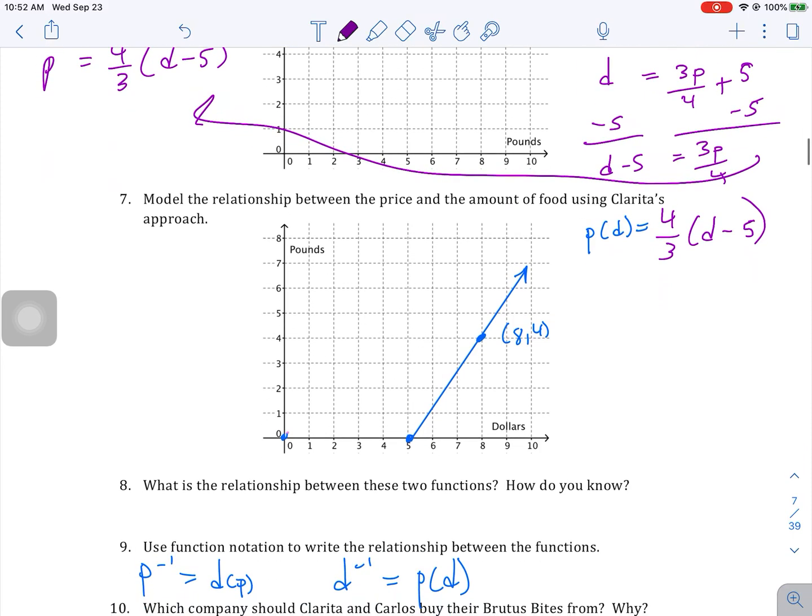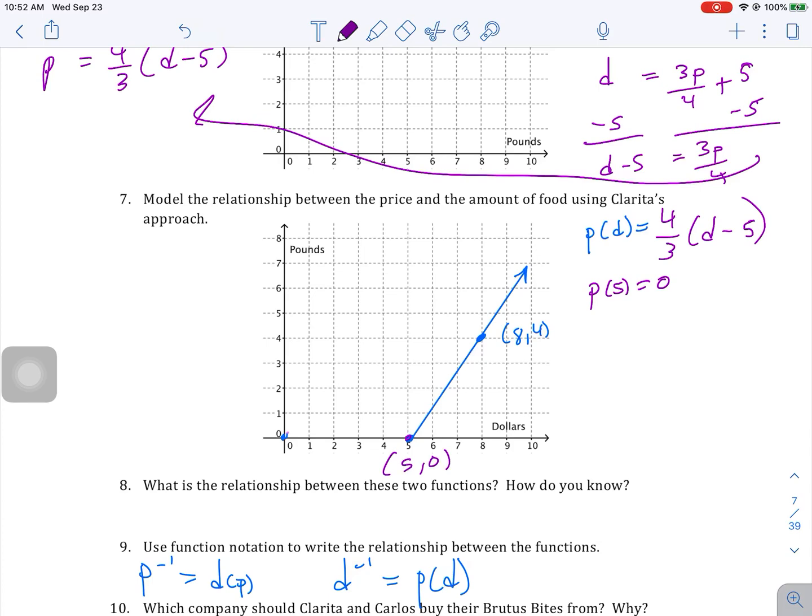Okay, and with this equation, if d is equal to 5, I can see that 5 minus 5 is 0, so p of 5 is equal to 0, and that is my point at 5, 0.